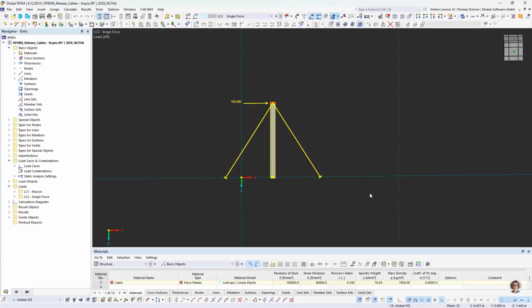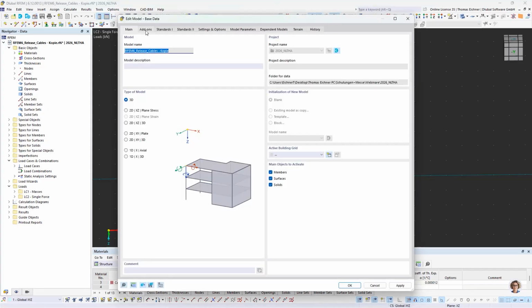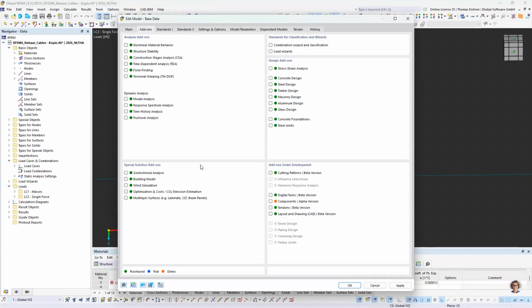For the investigation, I also want to show you what is needed for this nonlinear time history investigation. Let's go for the base data. For our add-ons, there's nothing selected yet. And if we want to go for a time history analysis, we don't care if it's nonlinear or linear. We're just going to press the time history analysis button. Well, the modal analysis is always needed as soon as you want to do anything with dynamics in the program.